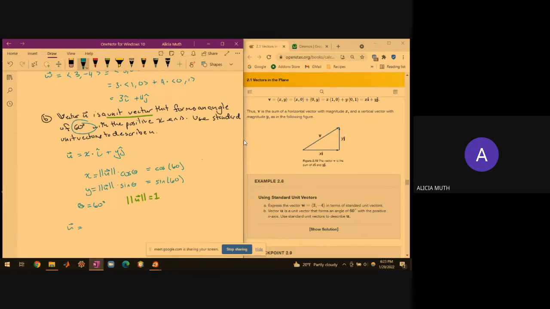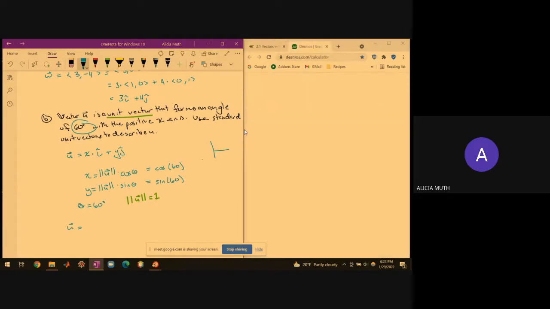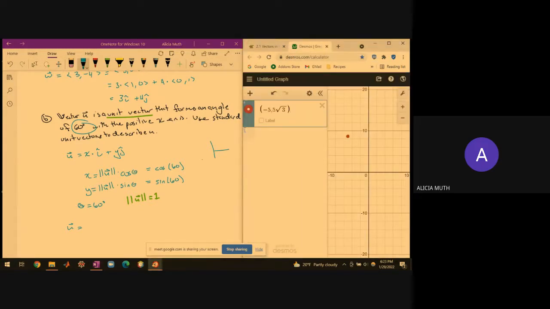So our vector u is cosine of 60 degrees, pi over 3. I can never remember trig identities for some of those. So cosine of 60 is 1/2.